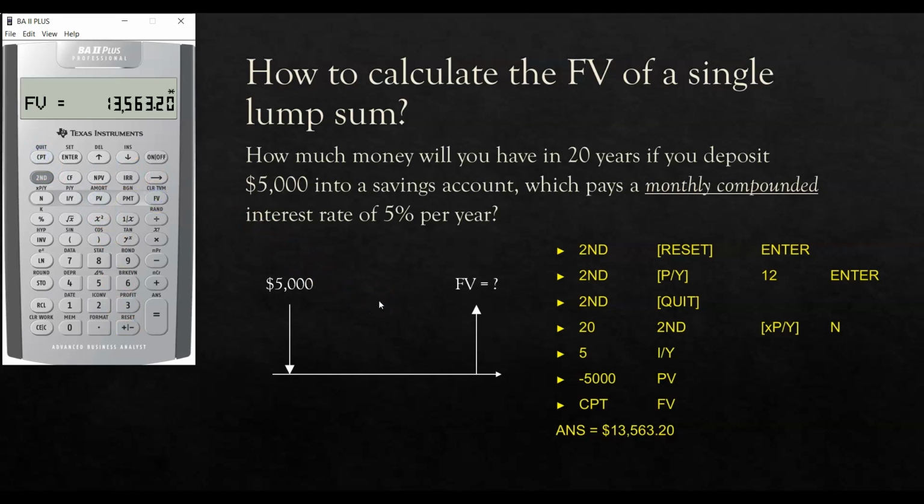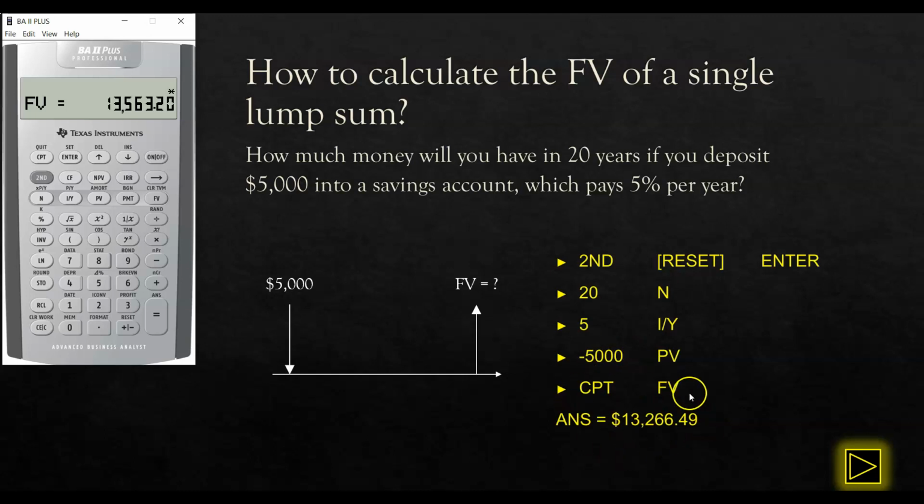Obviously, if you did all of that, then you're going to get the same answer as what I'm showing you here on the slide. As you can see, this is how much you will have in 20 years, assuming monthly compounding. If you go back to the previous slide, this is the number that we got under annual compounding, right?